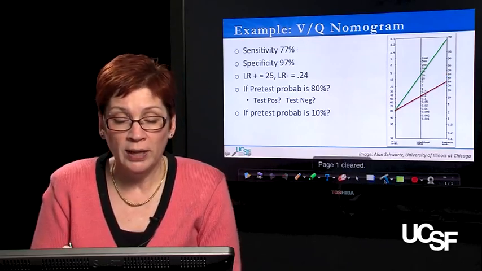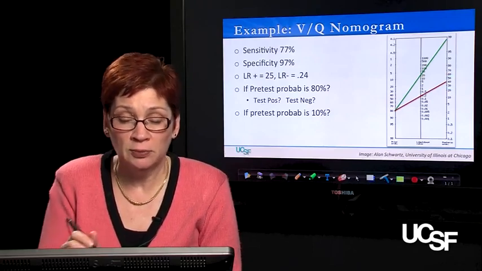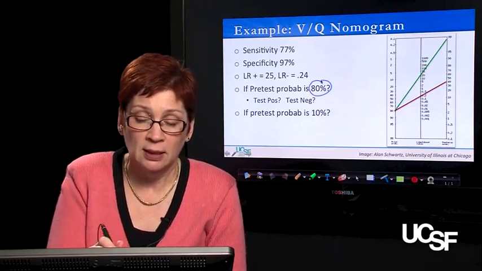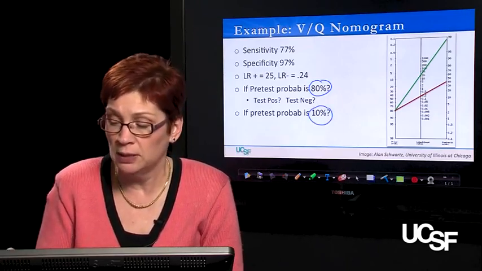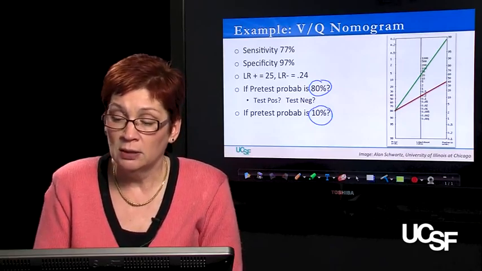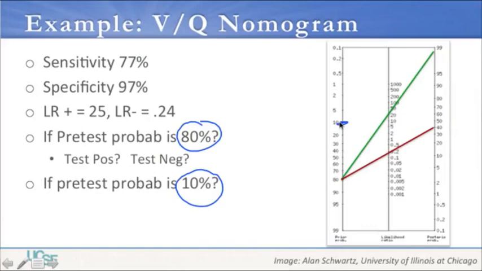Well, let's look at what would happen if we changed our pretest probability from 80% down to 10%. Remember Mrs. Garcia, we thought she was about 10% pretest probability. We start with our straight edge at 10%. If the test is positive, we connect to the 25 positive likelihood ratio, and we move up to 80.